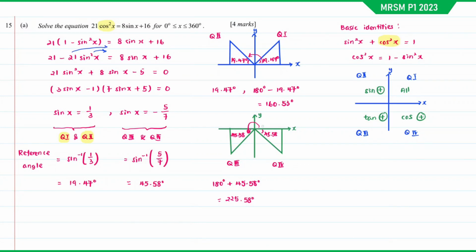And for the angle on the fourth quadrant, it will be 360 degrees minus 45.58, which is equal to 314.42.